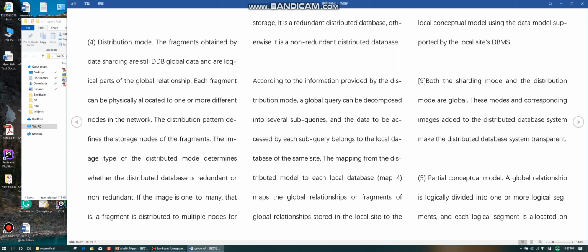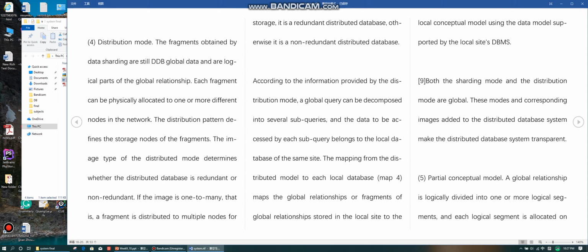So if there is a query that decomposes into several subqueries in a centralized database, it can be a long recursion process that puts a lot of pressure on the CPU.